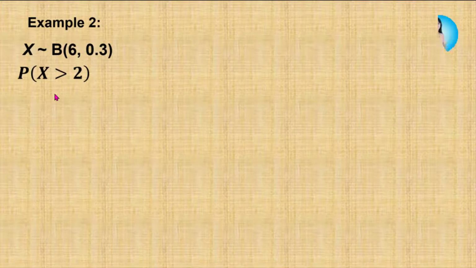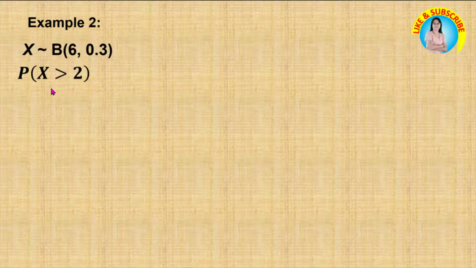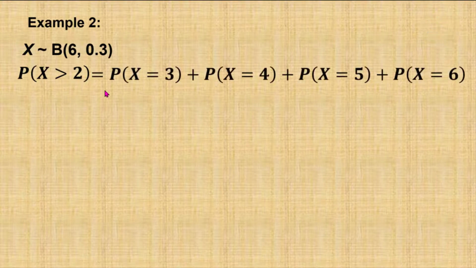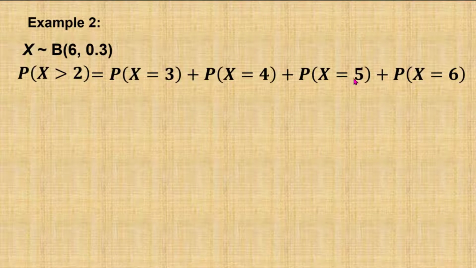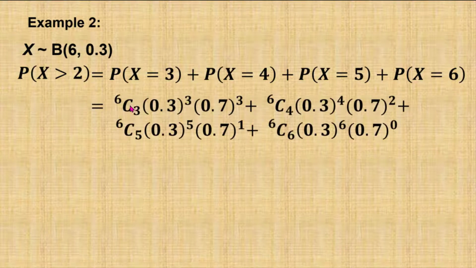Since X is a discrete random variable and n is equal to 6, P(X > 2) is equal to P(X = 3) + P(X = 4) + P(X = 5) + P(X = 6). The probability of each value must be calculated separately using the binomial formula.